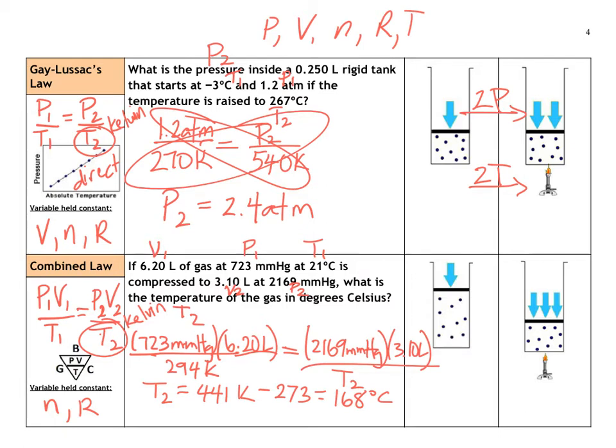Now, the reason why I didn't jump over to the model after I introduced the equation is because there's a lot of things going on in the combined gas law. First of all, we see the pressure tripling. And then we see the volume halving. And then we see the temperature going through something. We don't know quite yet, but you can actually see that it is 3 halves of the original temperature.